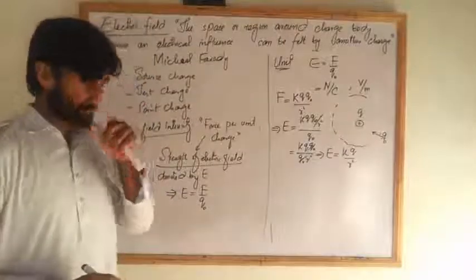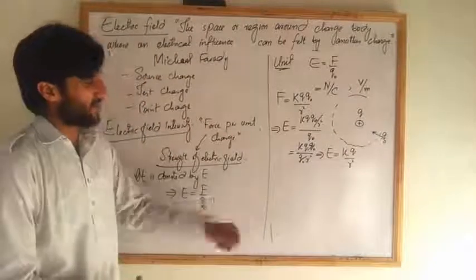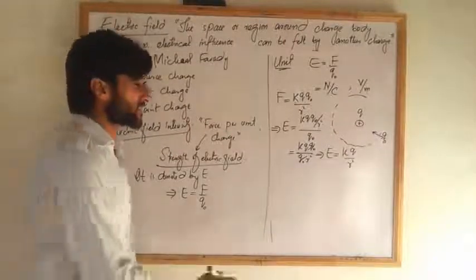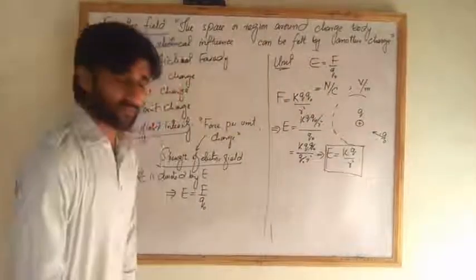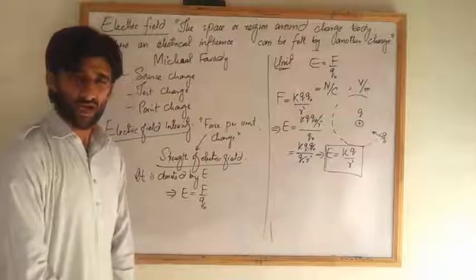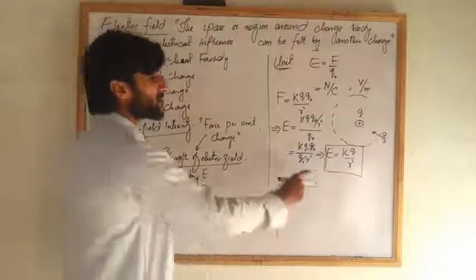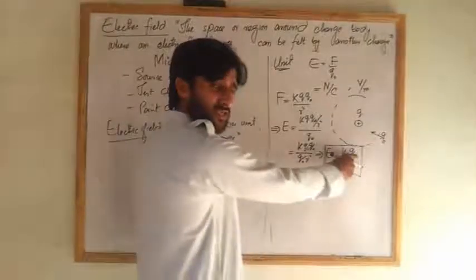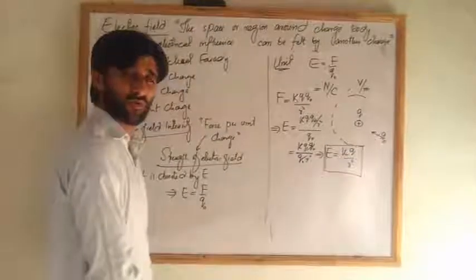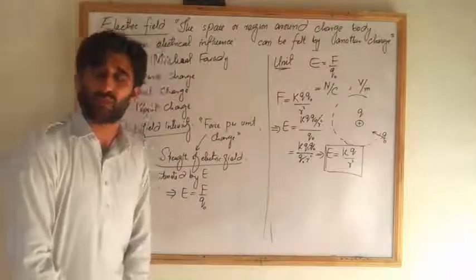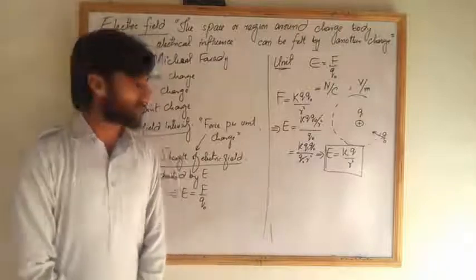Now you can see that we have the formula for the electric field intensity: K Q divided by R square. We also know that charge is a constant quantity having a constant magnitude, and K is also a constant, 9 multiplied by 10 to the power 9 Newton meter square per Coulomb square.